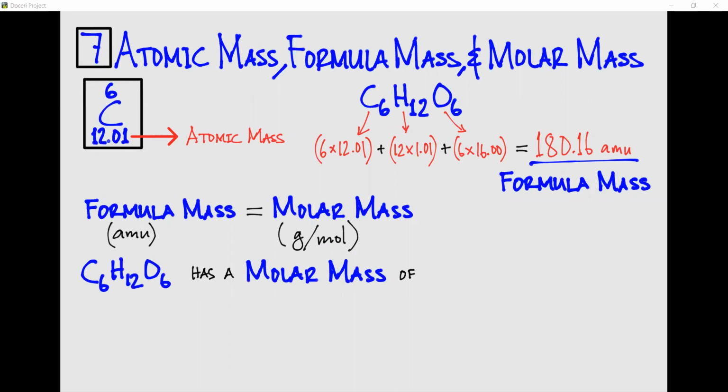And so that means that glucose, C6H12O6, has a molar mass the same as this one right here, right? Exact same one numerically. The only difference is the units, right? So instead of AMU, the molar mass is in grams per mole.